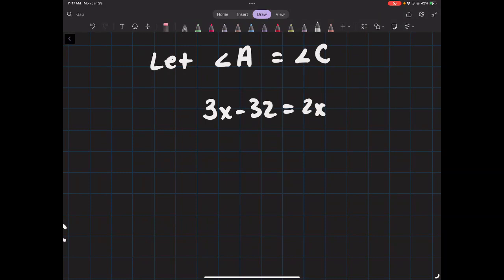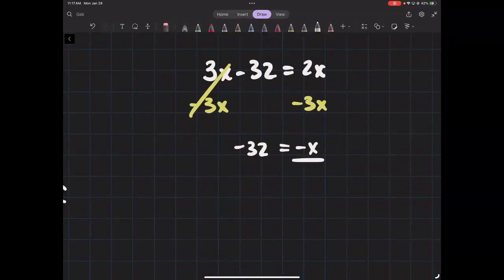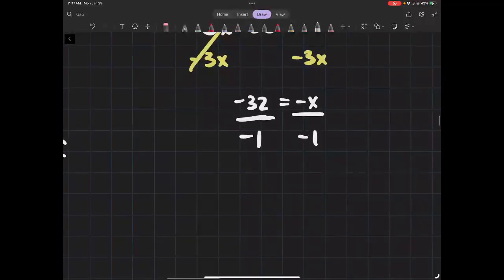Okay, how do you do that? Minus 3x on both sides. Great. Okay, so you got negative 32 is equal to negative x, and then you divide everything by negative 1. You get 32. Great.